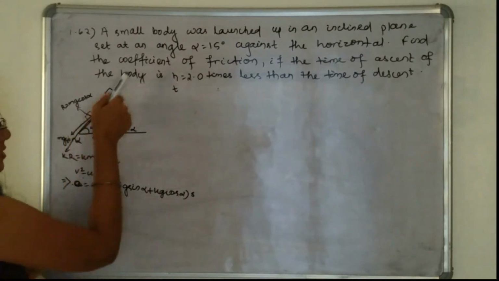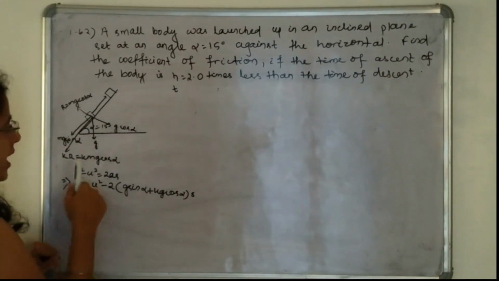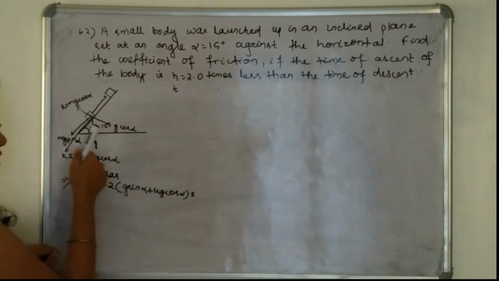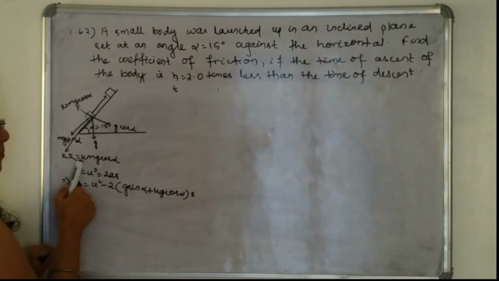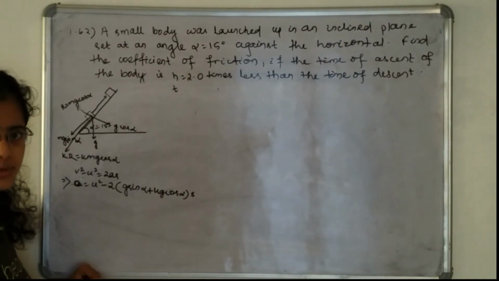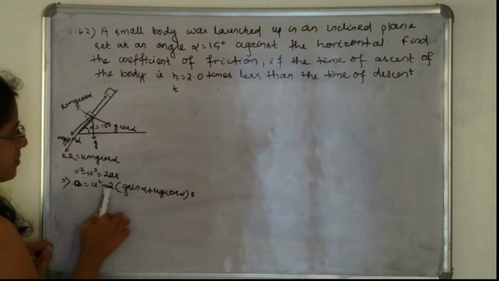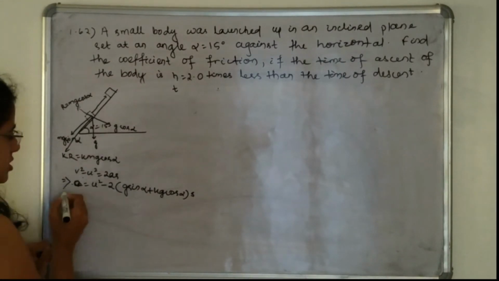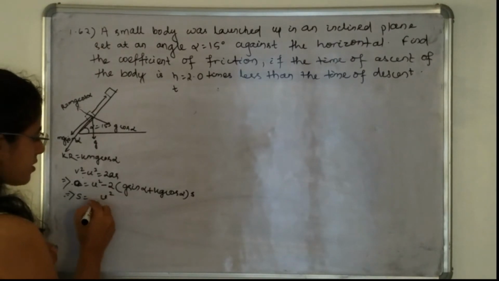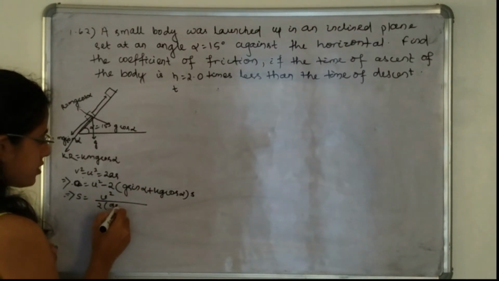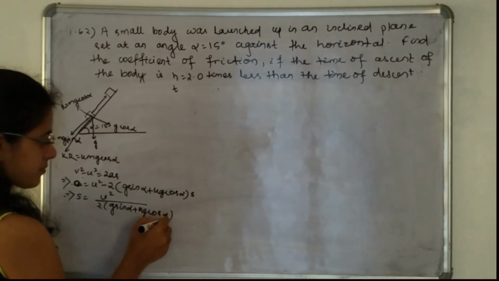Because the motion is in this direction and these two forces are retarding forces. F is equal to ma, so the acceleration in this direction is g sin alpha plus kg cos alpha, which is opposite to the motion. That's why I am writing minus of this. So the s value will be u square divided by 2 into (g sin alpha plus kg cos alpha).